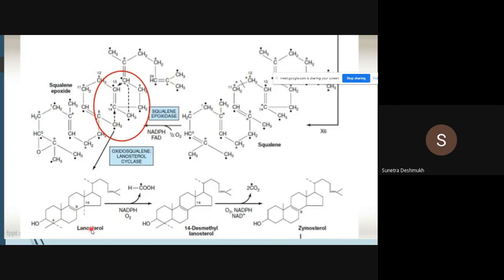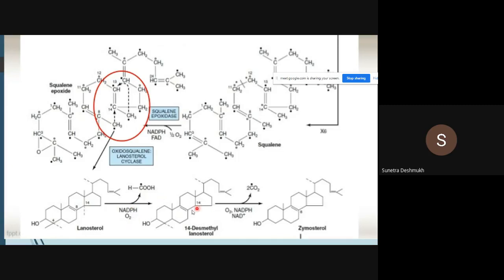Now two methyl groups will be removed from lanosterol: the methyl group at C14 and the methyl group at C4. At the first stage, the methyl group at carbon number 14 is eliminated with the help of NADPH and molecular oxygen.